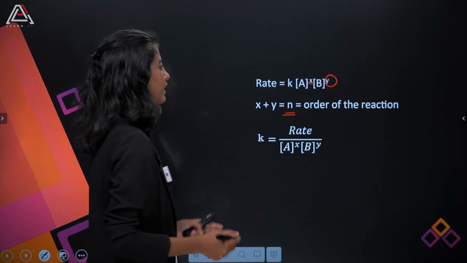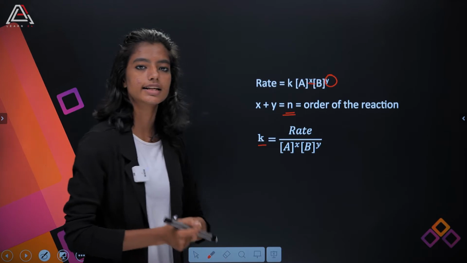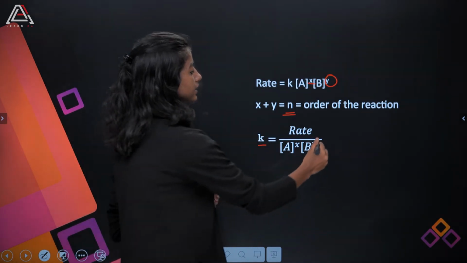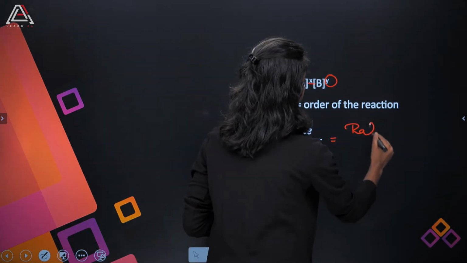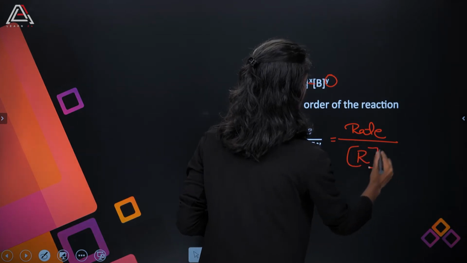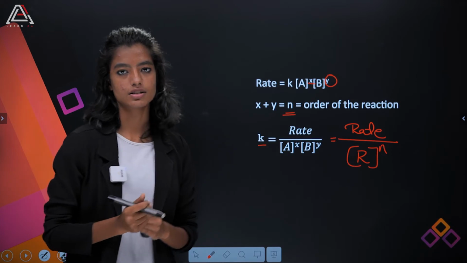And also I can write it as K is equal to rate divided by concentration of A power X into concentration of B power Y. In general, I can write it as K is equal to rate divided by concentration of R power N. N will be the order of reaction.